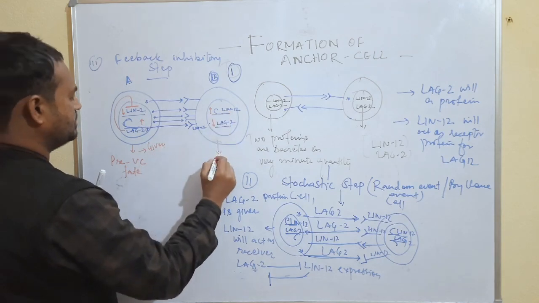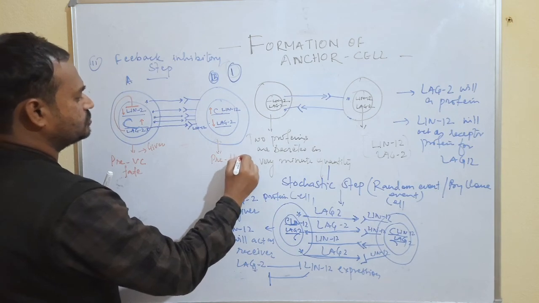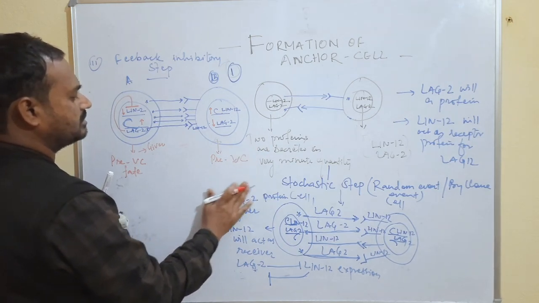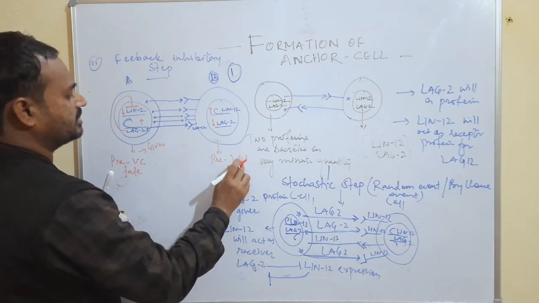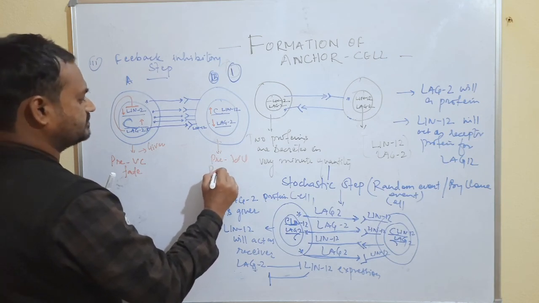And this one cell will be called the pre-VU, pre-ventral uterine, and this is the receiver.